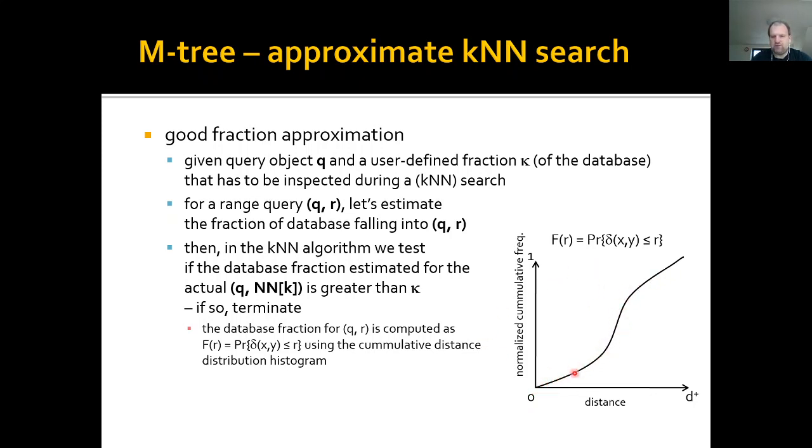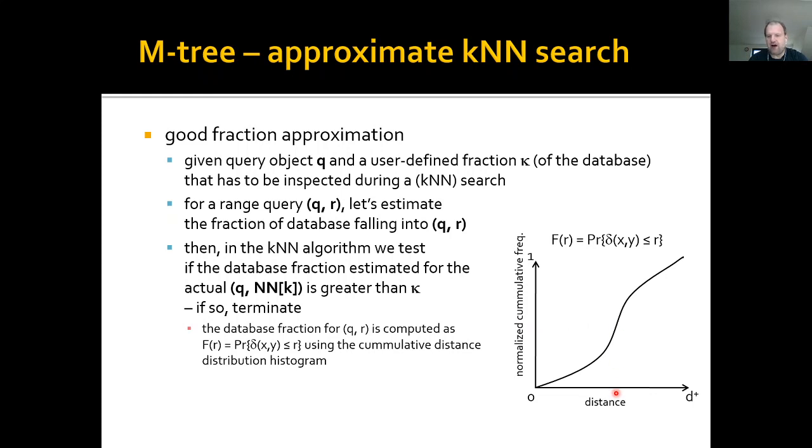We use this function that is pre-computed for the kNN search, and for every update of the query radius, we already know that the radius gets down from infinity to the actual value of the k-nearest neighbor, but every time it changes, we look into this function, and we can look if we already saw the fraction of the database that is typical for that r.